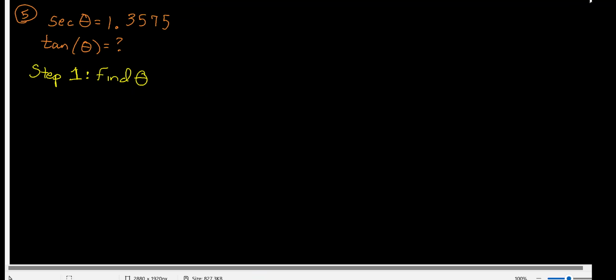Okay, so here I've written the problem, and we have a couple of ways to solve this. I'll solve it in 2 different ways. You decide which way you like the best. The first method would be to use inverse trig functions. If we want to find theta, we need to do arc secant on both sides.